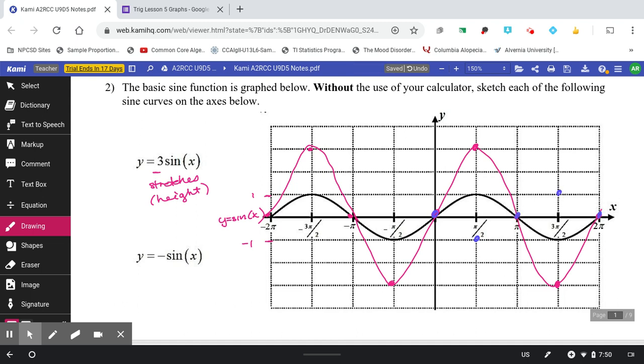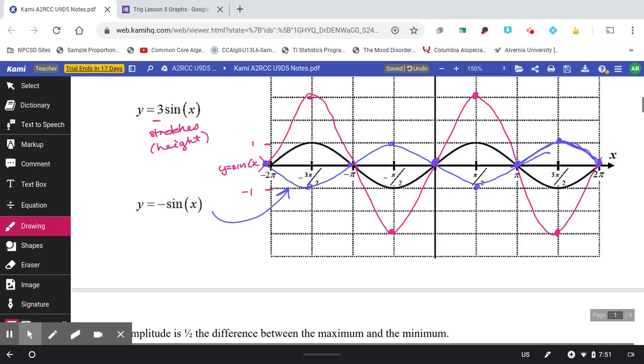And you're going to do the same thing here. So it turns out that you're just flipping this upside down. There you go. And that is negative sine of x. So you're just flipping it upside down.